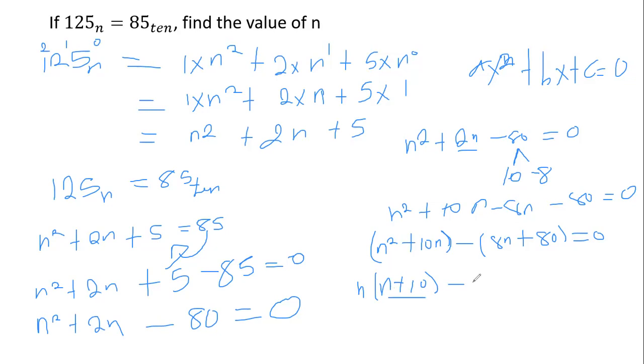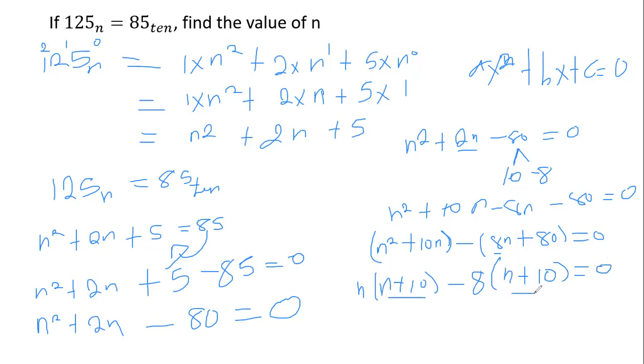So in the second bracket, 8n can be divisible by 8, and the 80 as well can be divisible by 8. So the common factor is 8, and we remain with n plus 10, and this is equal to 0.